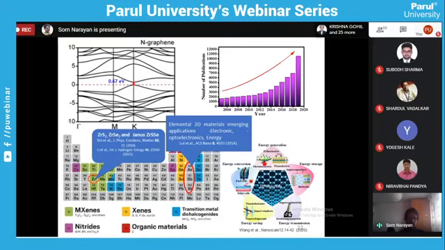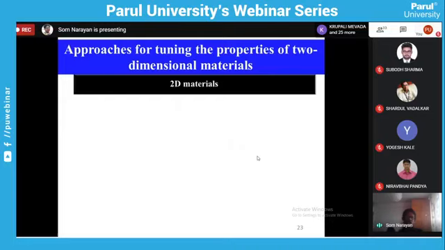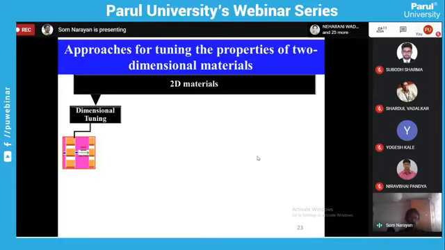So two-dimensional materials play an important role in mankind's applications. What are the approaches for tuning the properties of two-dimensional materials? First, a two-dimensional material is a confinement in one dimension: from three-dimensional, if you confine in one of the directions, you get two-dimensional. In a similar way, you go for 1D and quantum dots also.